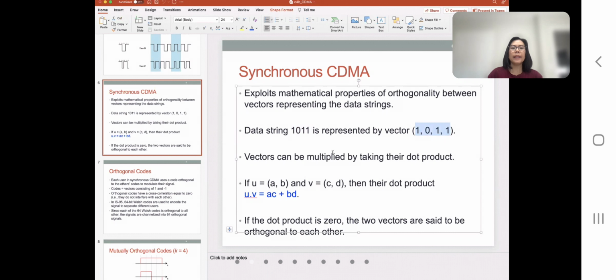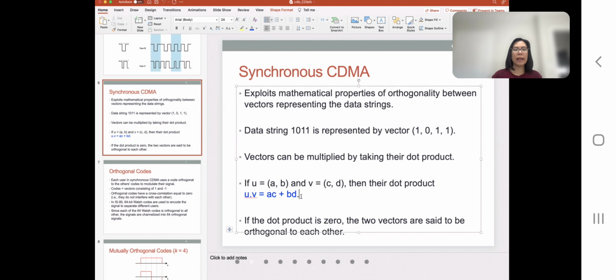So a data string is represented by this, and then vectors can be multiplied by taking their dot product. So we define the dot product now. Given two vectors, U that has two components A and B, and V that has two components C and D, if we take the dot product of U times V, then that would be A times C plus B times D. So that's the definition of the dot product.